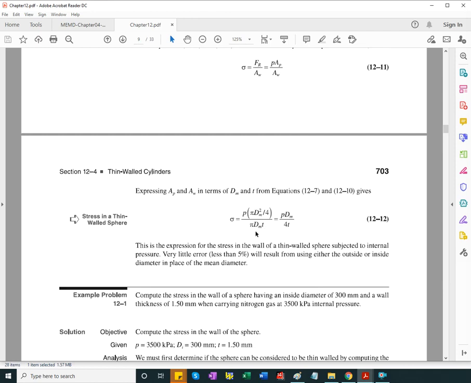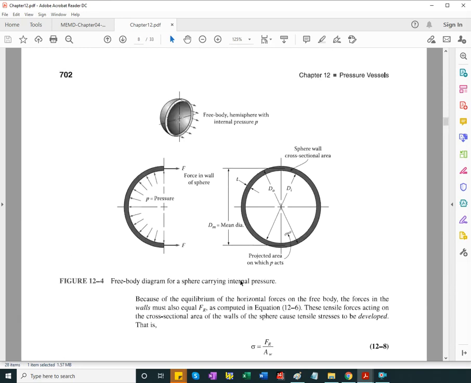So the end result is pressure times mean diameter over 4 times thickness. That's the stress in a thin wall sphere.